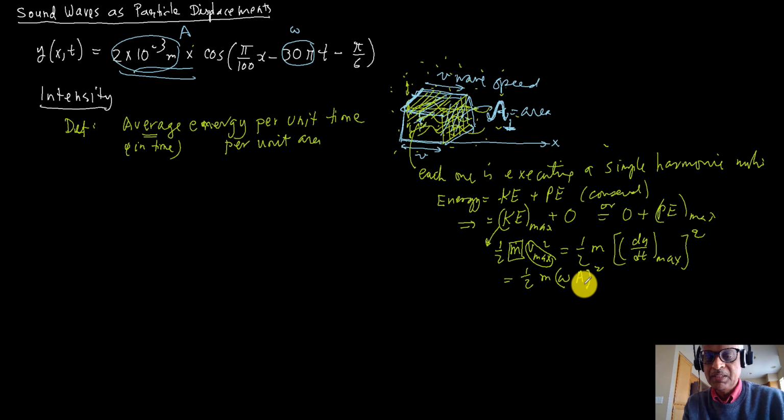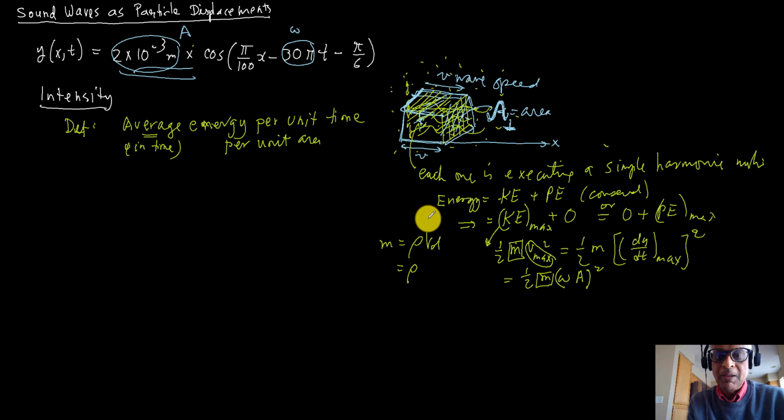This is the amplitude, and how much is the mass? Well, how much m is in this box? The density times the volume of the box, and the volume is v times A perp.